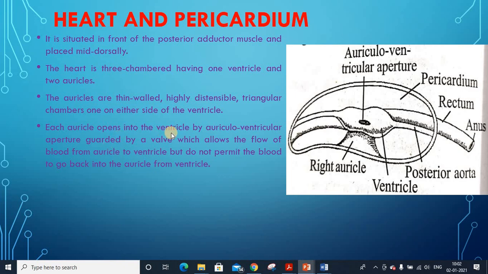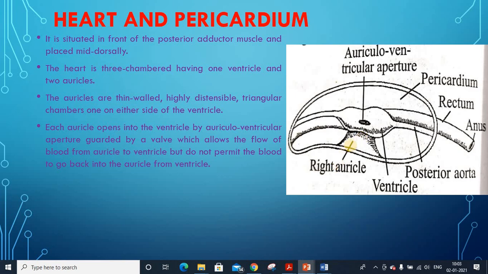Each auricle opens into the ventricle by the auriculo-ventricular aperture, guarded by a valve which allows the flow of blood from auricle to ventricle, but does not permit the blood to go back into the auricle from the ventricle. In the picture you can see the auriculo-ventricular aperture by which the auricles open into the ventricle.